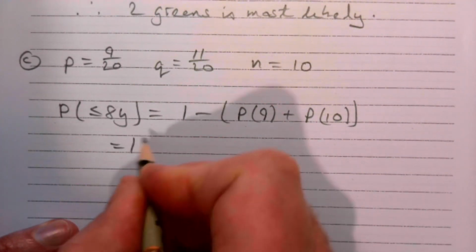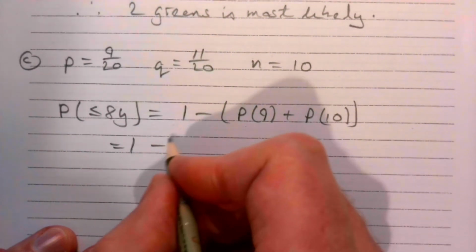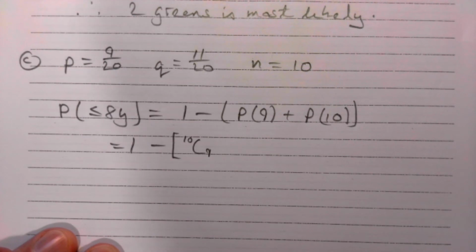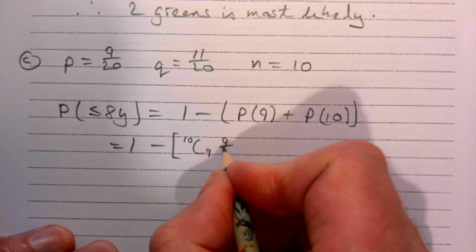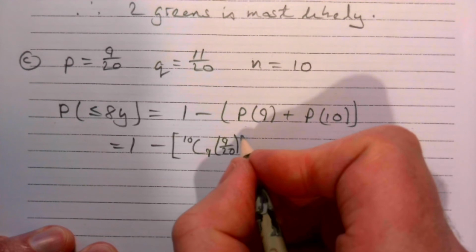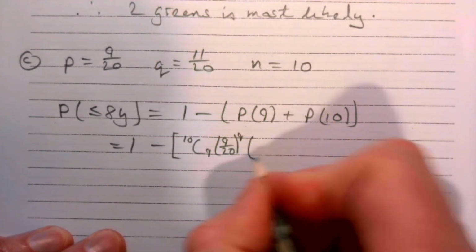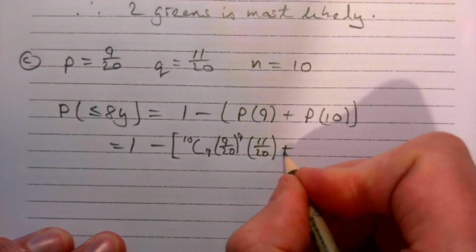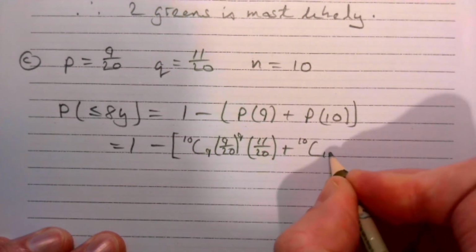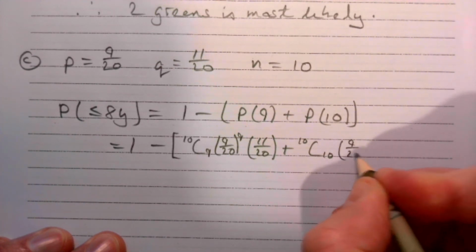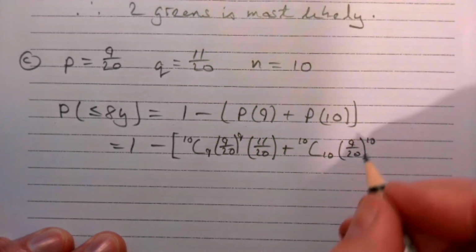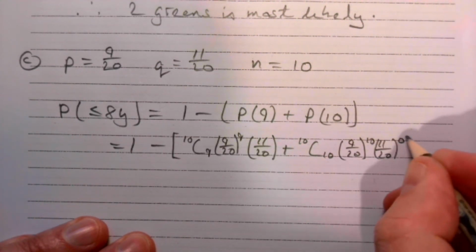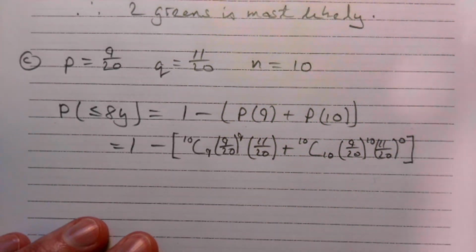So that's going to be 1 minus, do a big square bracket, 10C9, 9/20ths to the power of 9 times 11/20ths, plus 10C10, 9/20ths to the power of 10, 11/20ths to the power of 0 if you want.